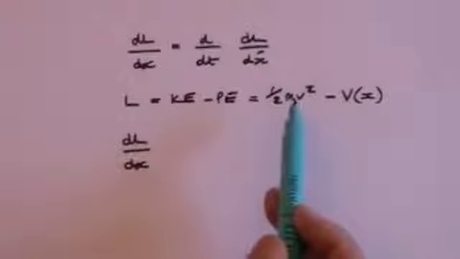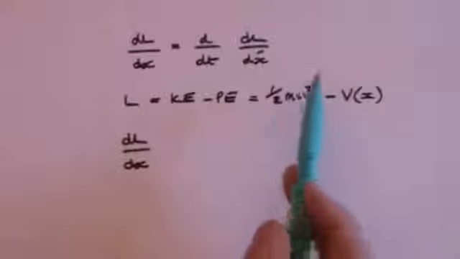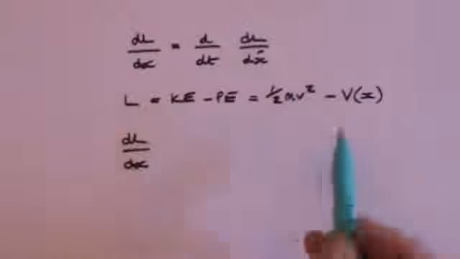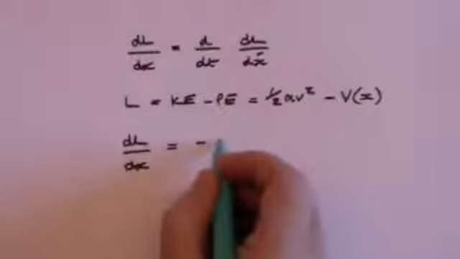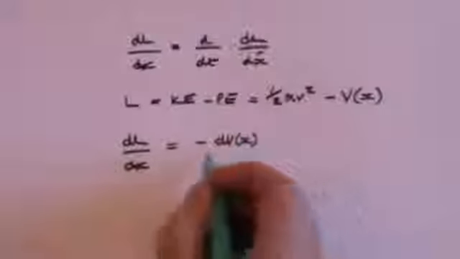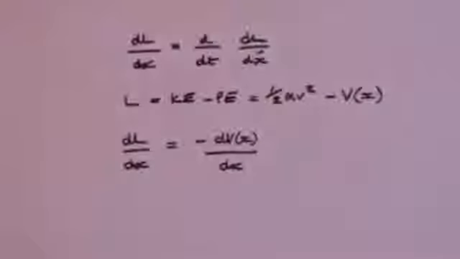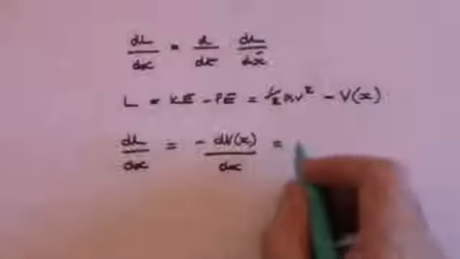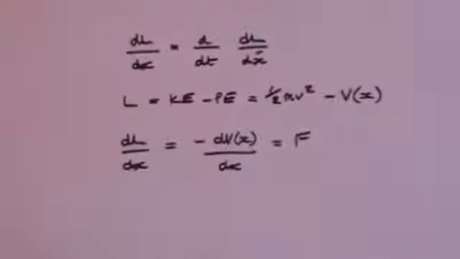There's an x dot term, but not an x term, so you get nothing from the derivative here. And this then simply becomes minus dV, which is a function of x, by dx. But you may remember that earlier on in this video I told you what minus the derivative of the potential with respect to x was. It was the force. So dL by dx is simply giving you the force.